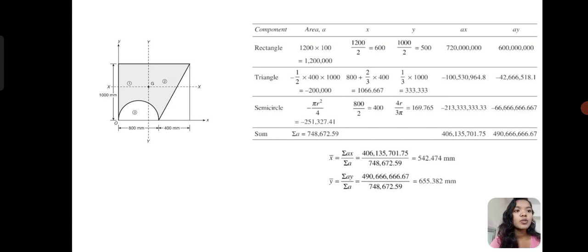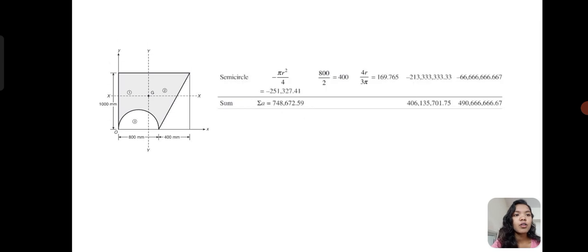Here we should compute a into x. The total answer is the summation of ax divided by the summation of a, and y bar is the summation of ay divided by the summation of a.